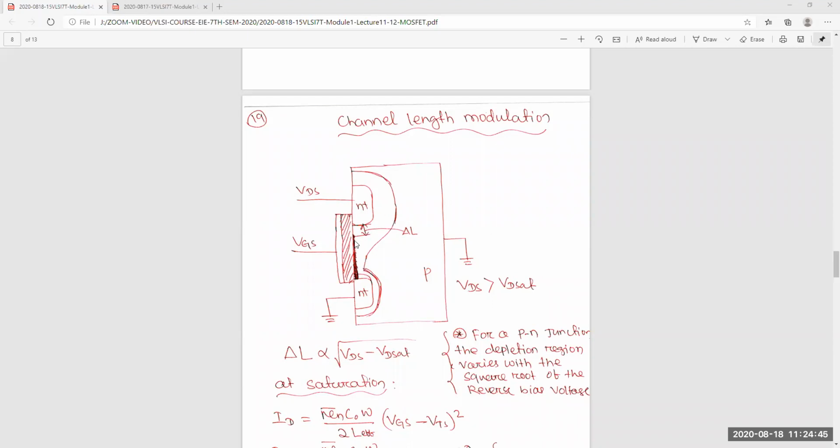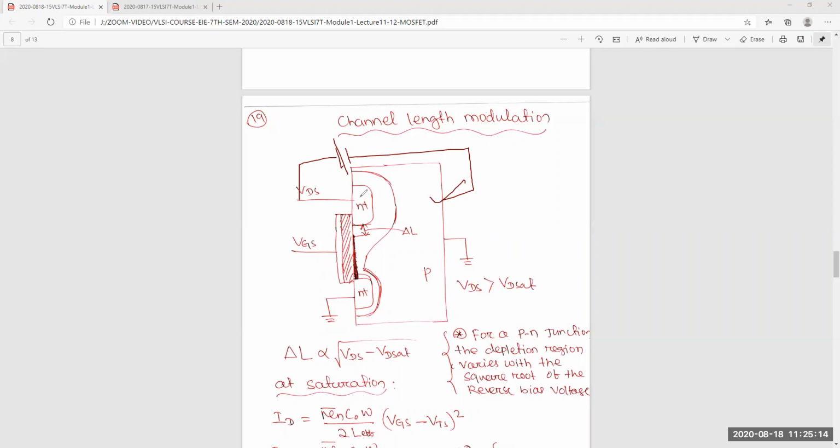So see, this is your structure. Okay, this is drain. We are giving more voltage to drain, drain to source. Your source and bulk are connected. So drain to source we are giving more voltage. This part is your P, this is P, and this is N. So we are giving a positive voltage to this.